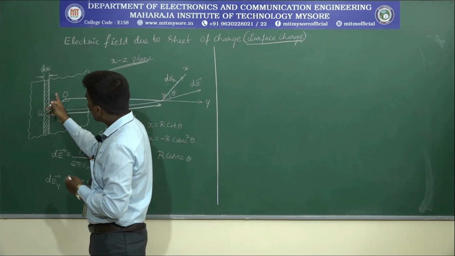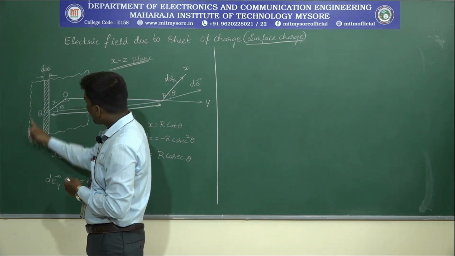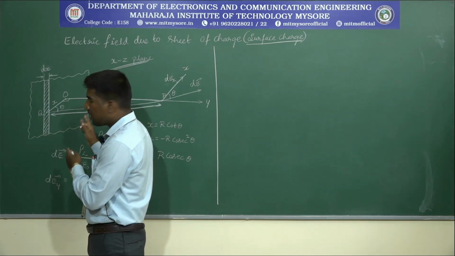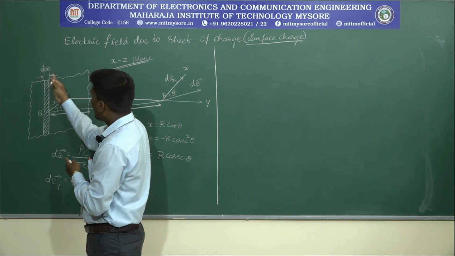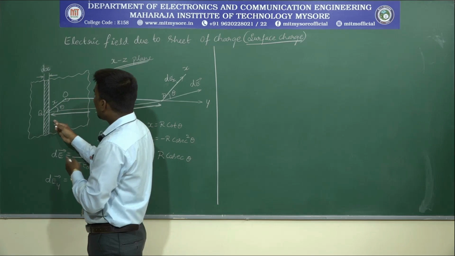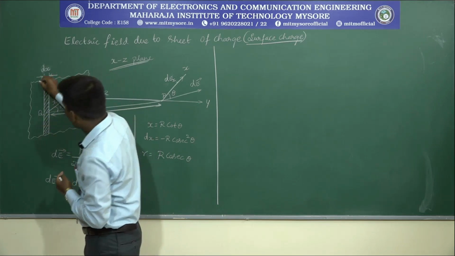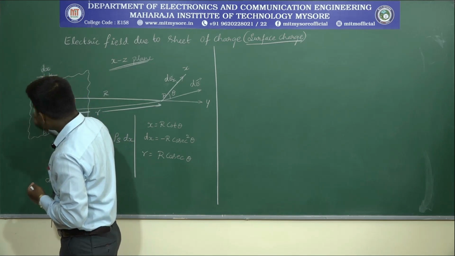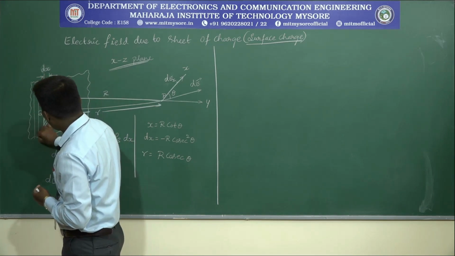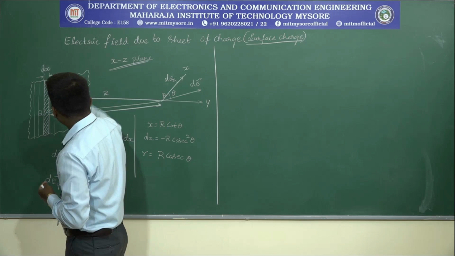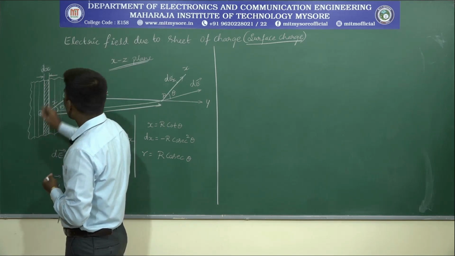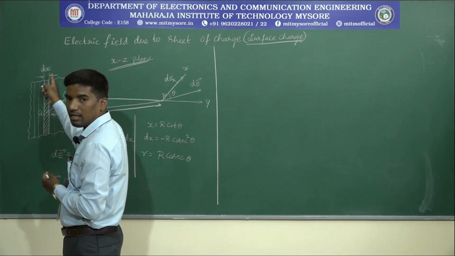The assumption is that this infinite sheet charge is made up of longitudinal or line charges of infinite number, each of distance dx. That is, this sheet charge is made up of an infinite number of line charges, each of distance dx.